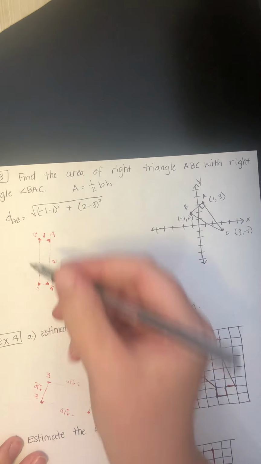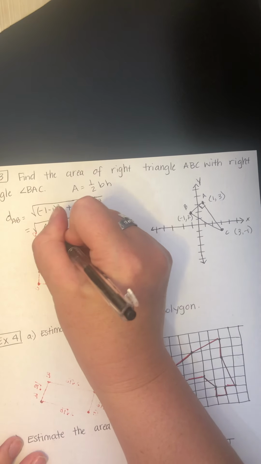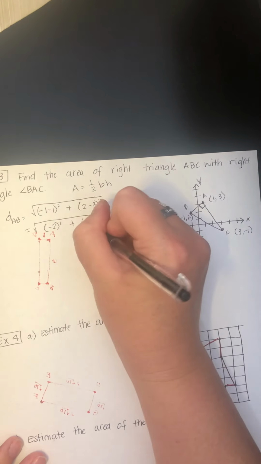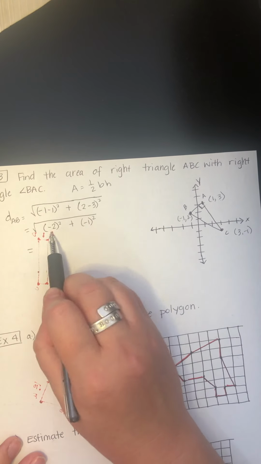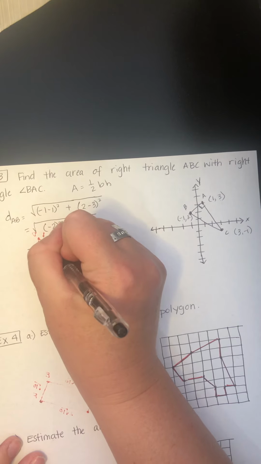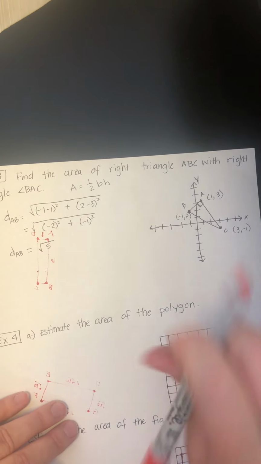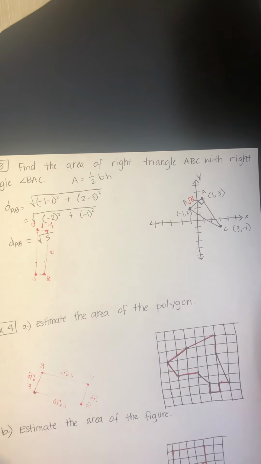And then we can simplify this. -1 minus 1 is -2 squared, plus 2 minus 3 is -1 squared. 4 and 1. So 4 plus 1 is 5. We have the square root of 5. The distance from A to B is the square root of 5. We don't have a perfect square for 5, so we'll just leave it like that.